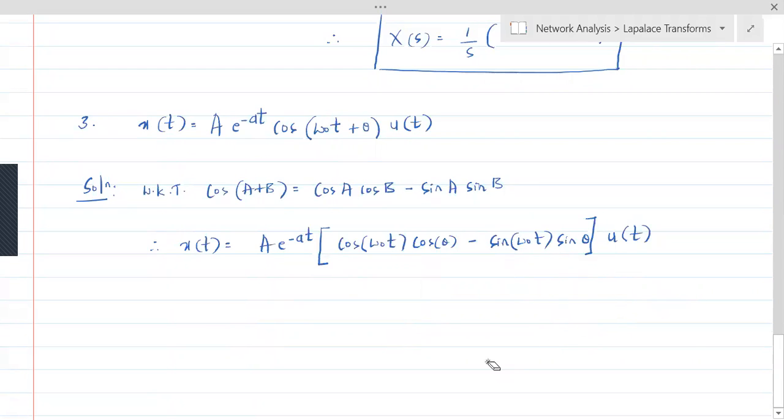Now the job is to apply the Laplace transform on the signals, separating the scalars out.